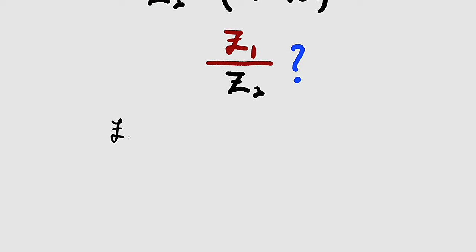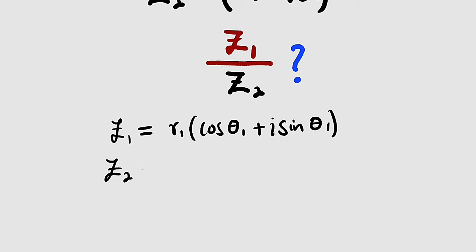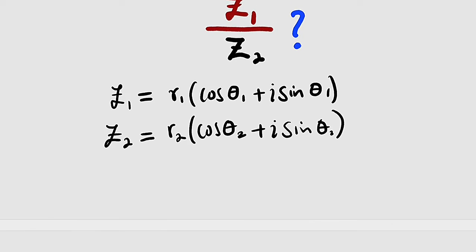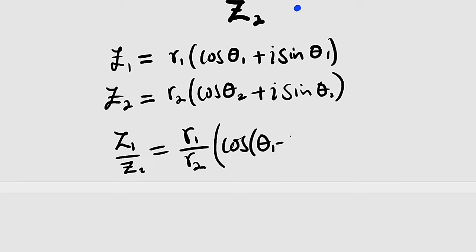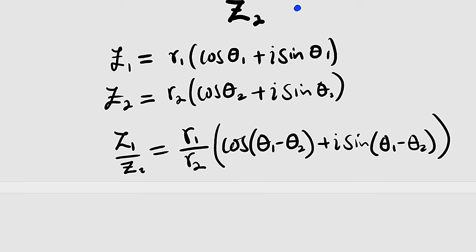It states that if you have a complex number z1 written in its polar form, which is r1 multiplied by cosine of theta 1 plus i sine of theta 1, and another one z2 which is given as r2 multiplied by cosine of theta 2 plus i sine of theta 2, then according to the Moivre's theorem, if you wish to divide z1 by z2, it is equal to r1 divided by r2 multiplied by cosine of (theta 1 minus theta 2) plus i sine of (theta 1 minus theta 2). So this is the formula we are going to apply in dealing with this problem.